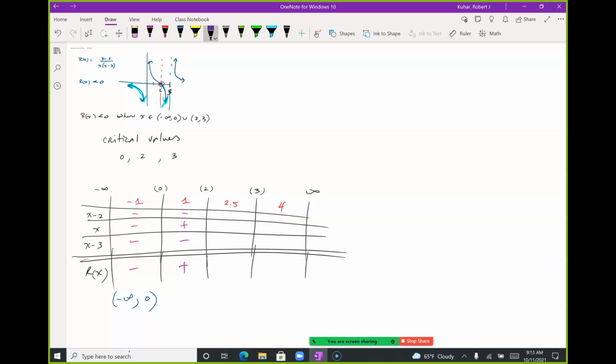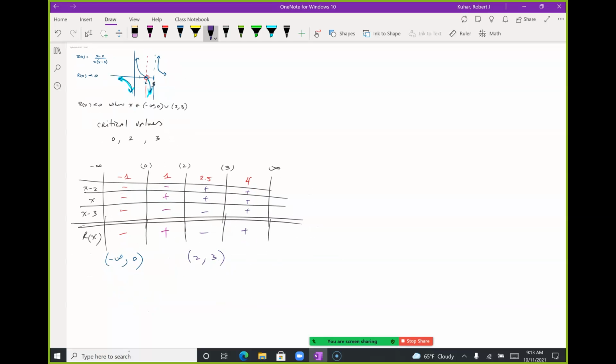When I plug in 2.5, I get positive, positive, negative, so that's negative. I want that interval from 2 to 3, and when I plug in 4, I get all positives. I don't want that interval. And so you can see I want the union. There's my answer, the union of those two pieces. Sometimes MathXL will ask you for the two pieces separated, but I like them written as a union.